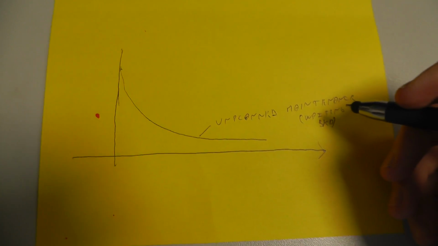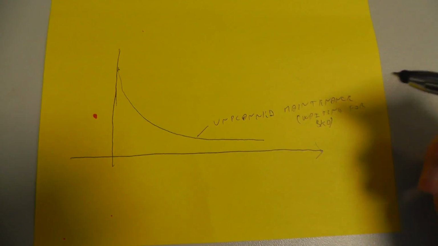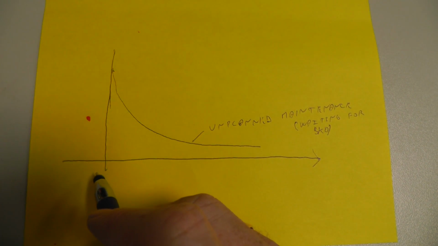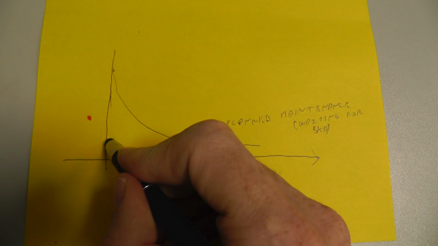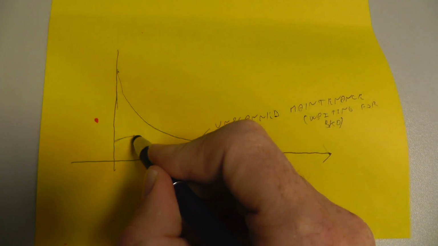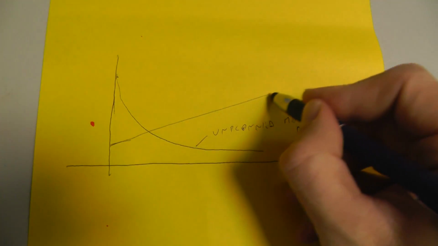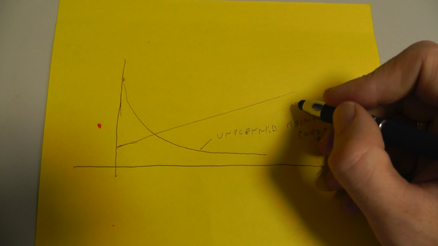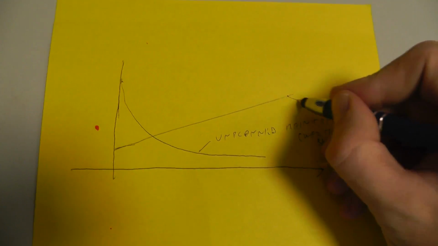Okay, next point is planned maintenance, and it would look like this. So this one is planned maintenance.